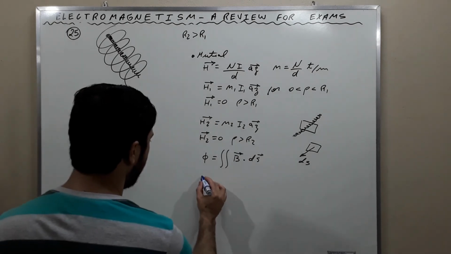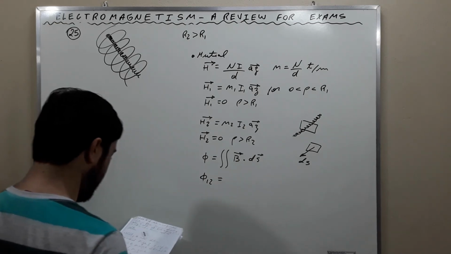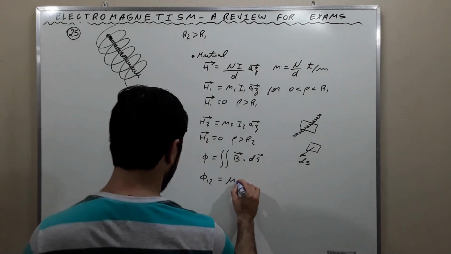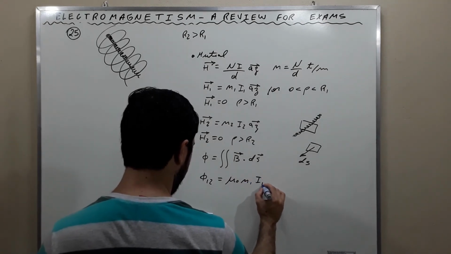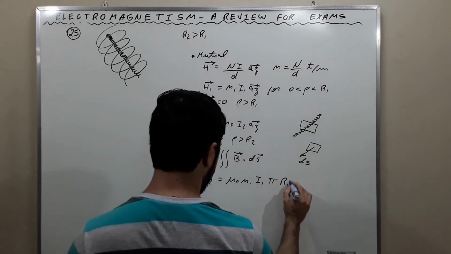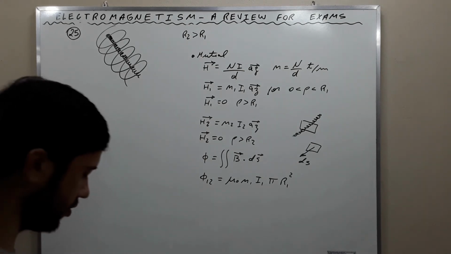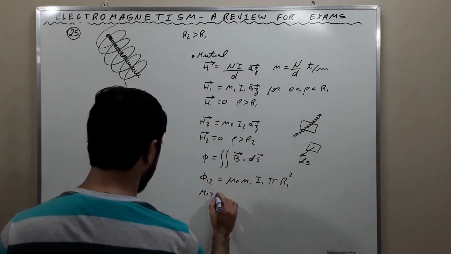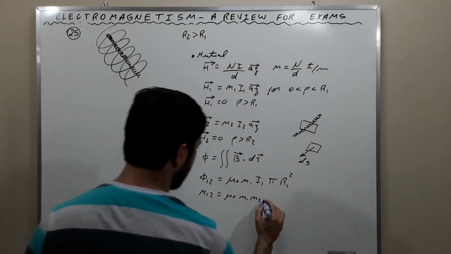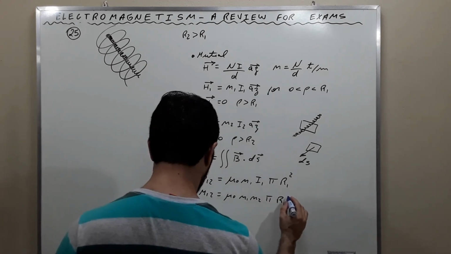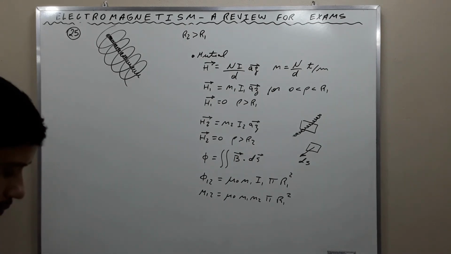And then flux 12 will be equal to μ0 N1 I1 π R1 squared, which gives a mutual inductance of M12 equal to μ0 N1 N2 π R1 squared. This is the mutual inductance.